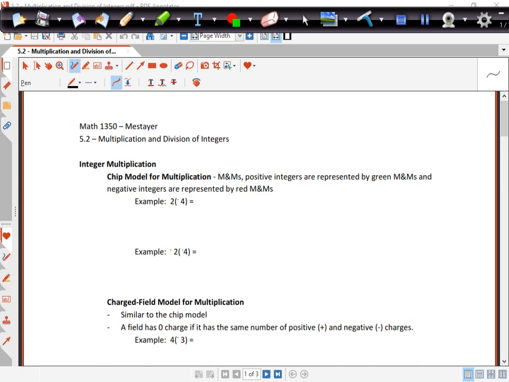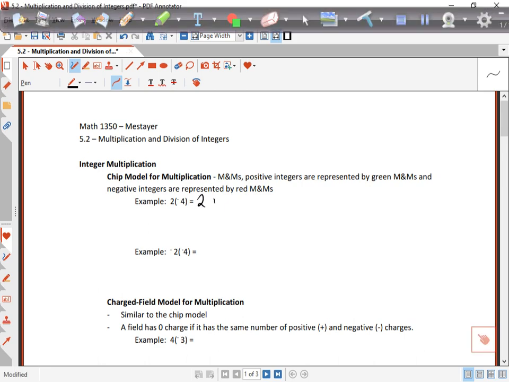So looking at 2 times negative 4, this will become 2 groups of negative 4. And then you're going to draw that, 2 groups of negative 4. So remember, greens were positive and reds were negative. So I'm going to draw 2 groups of negative 4.